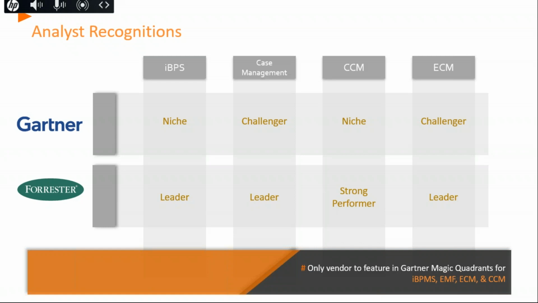Case management, a tool based on the iBPS platform, we are a challenger in the Gartner quadrant and again a leader in Forrester. CCM, our customer communication management tool, we are a niche player in Gartner and a strong performer in Forrester. ECM, our OmniDocs enterprise content management tool, we are a challenger in Gartner, and in Forrester we are again a leader.